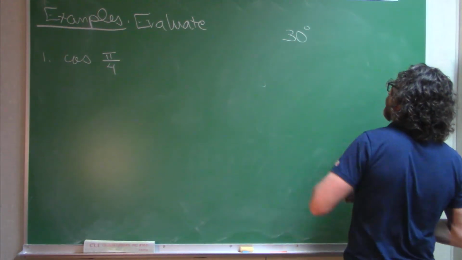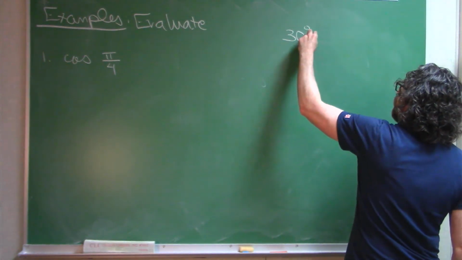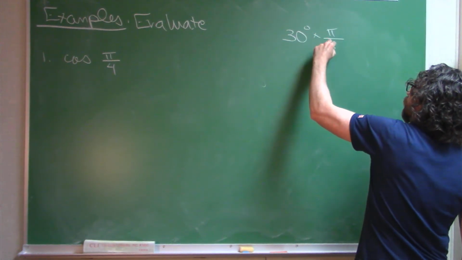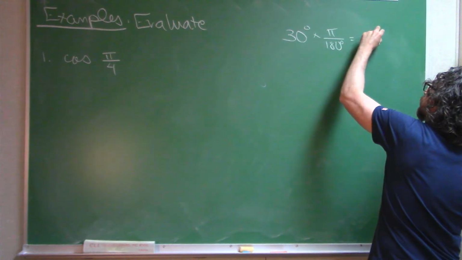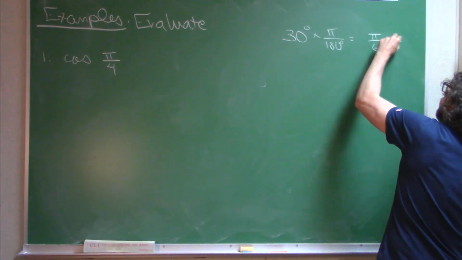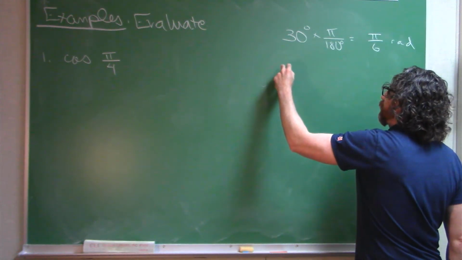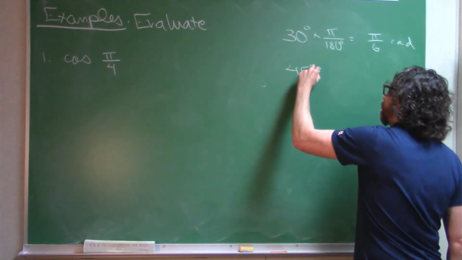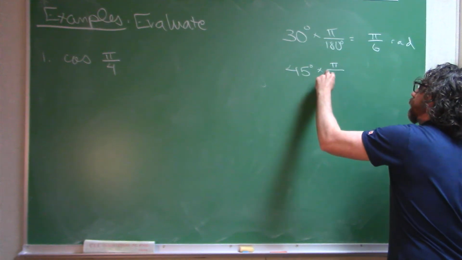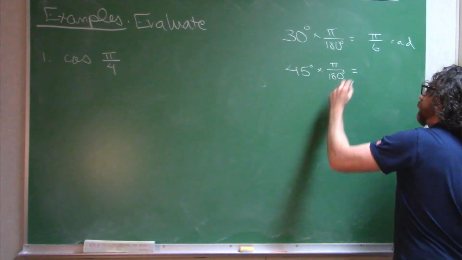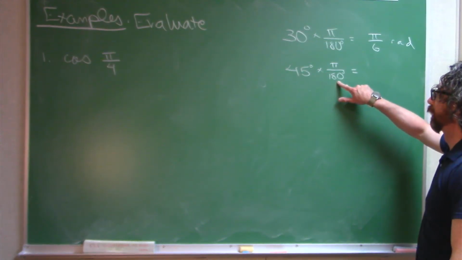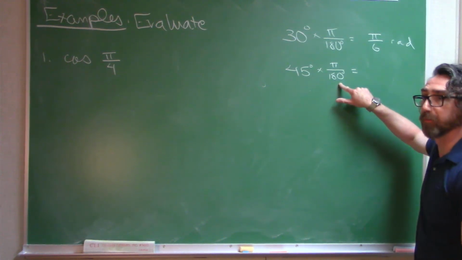30 degrees, well, if you multiply by pi and divide by 180, you get pi over 6 radians. If I have 45 degrees, well, 4 times 45 is 180.